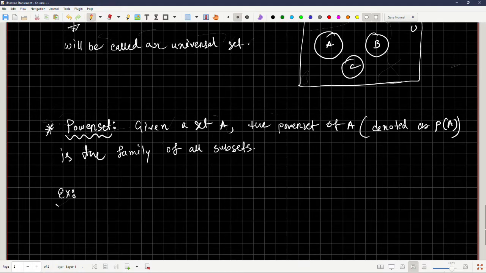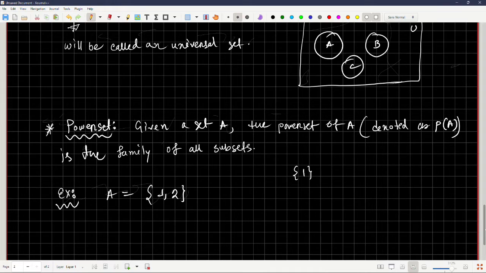Let's take an example. Let's say A is equal to 1 comma 2. Now if you want to have all the possible subsets, what are they? Can anyone tell me? What are all the subsets of A? Okay, so let me just write it for you. The subsets of A will be the following.